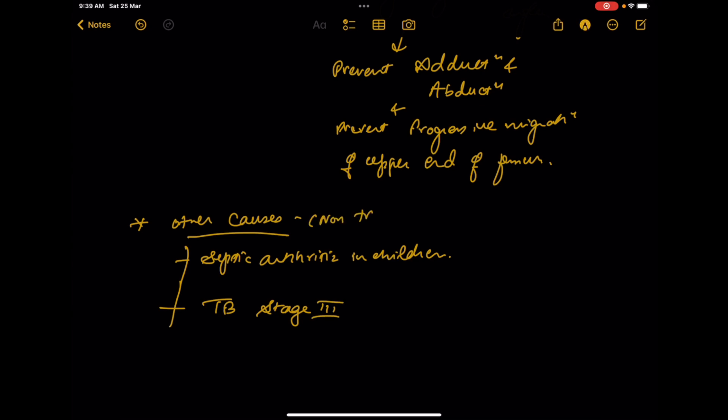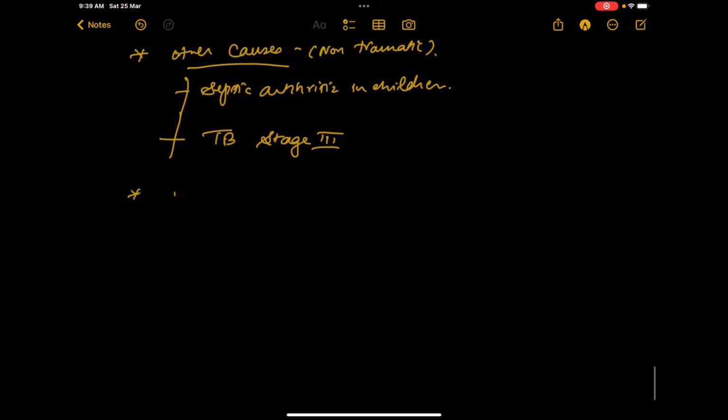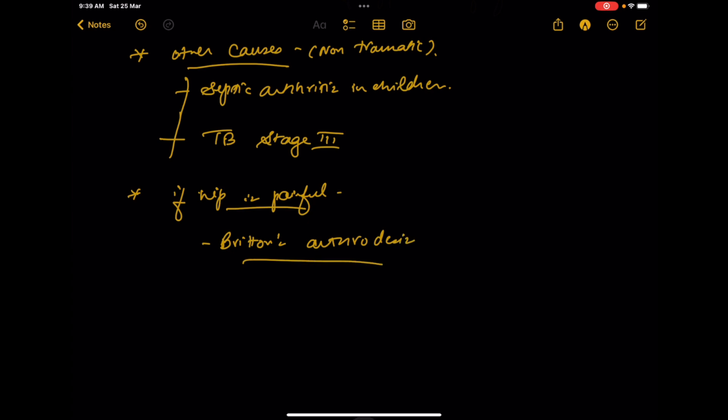If the hip is painful, then we can do Brittain's arthrodesis, which is pelvic support osteotomy with ischiofemoral extra-articular fusion of the hip. If painless, only a pelvic support osteotomy may suffice.